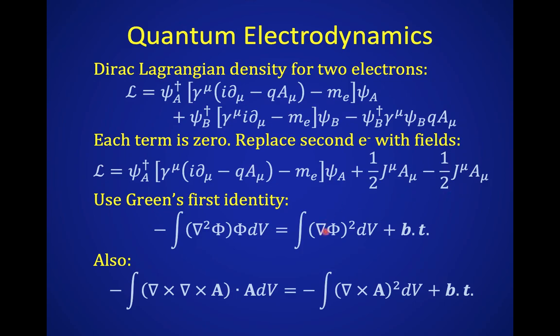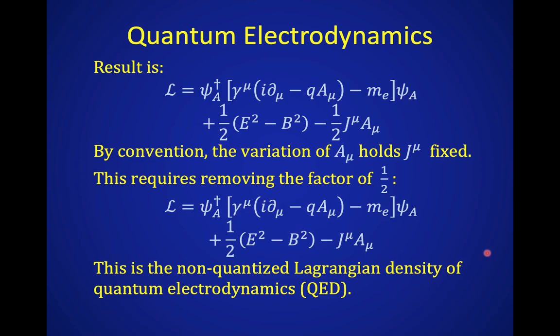Then just using some identities here, I can convert that to this expression, which is very similar to the Lagrangian density of quantum electrodynamics. The one difference is this factor of a half.